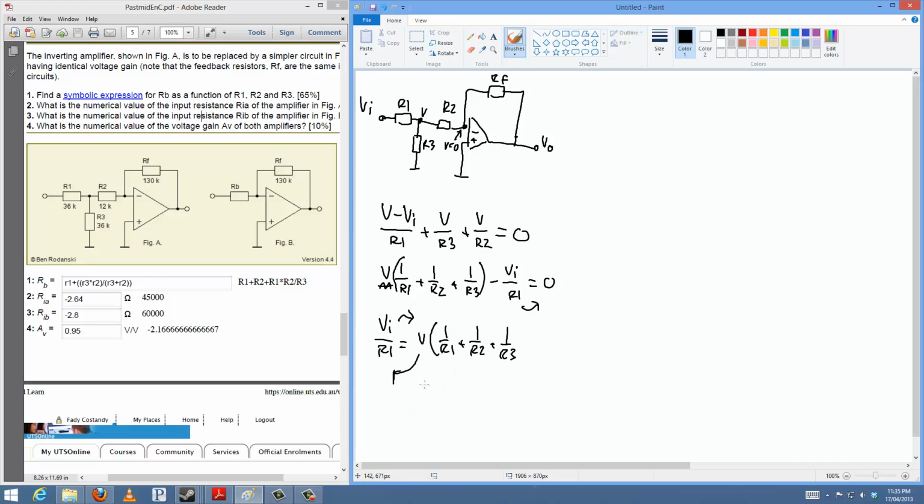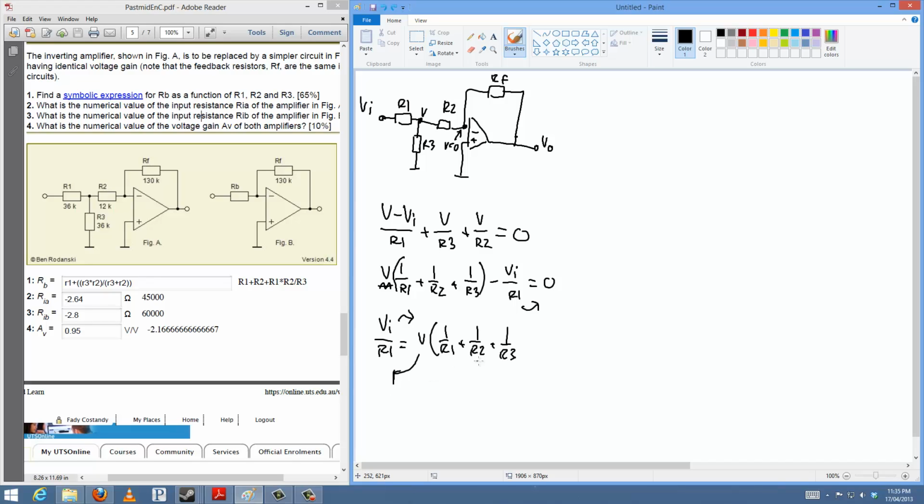So dividing by V, VI on R1, multiplied by R1, God, I hate rearranging stuff. Oh, never mind, hang on, I just go like this.